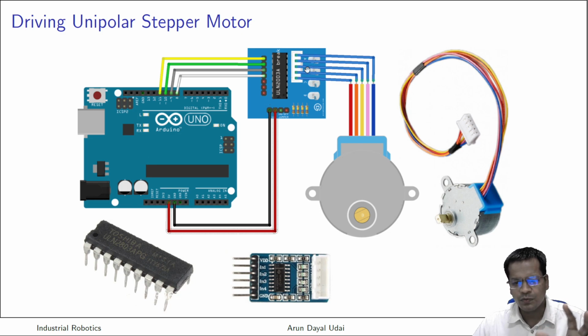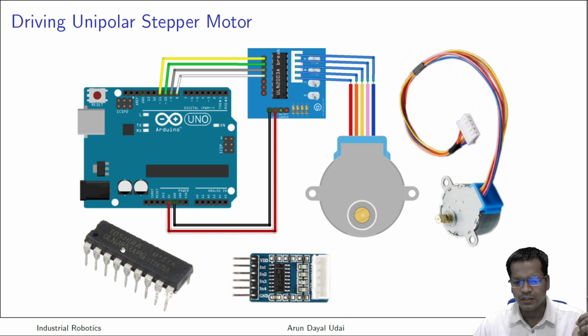This is a standard board which is available in different online robotics shops also. It is nothing but a driver, shown here with 1, 2, 3, 4, 5 wires. This connects to the stepper motor shown here. The stepper motor has 4 phases, one is voltage, another one is ground. So this is the physical thing, and this is the chip.